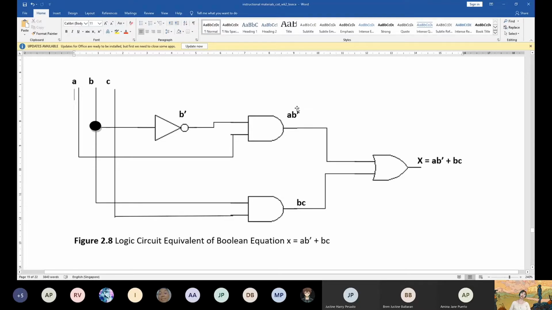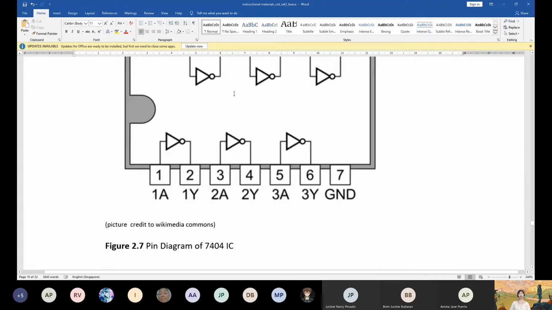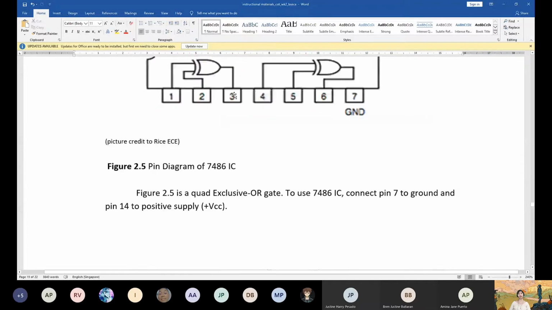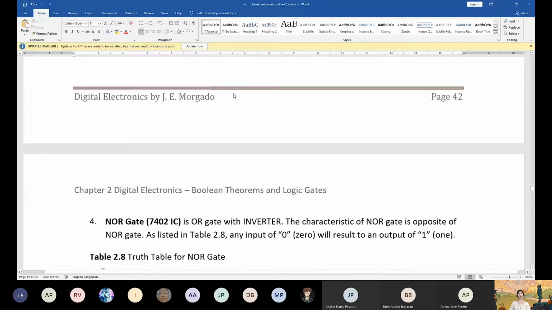Let's say you're going to buy 7408 for AND gates. How many gates are in a single IC? Let's take a look again. Let's have a review.